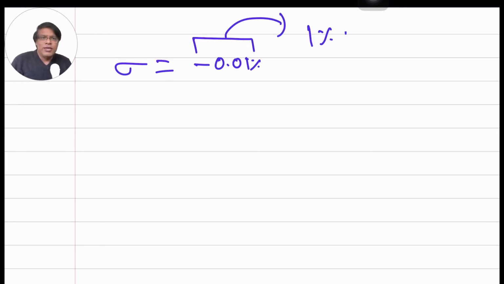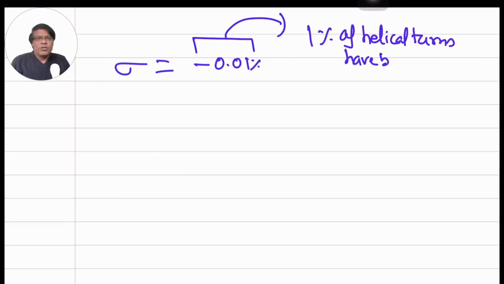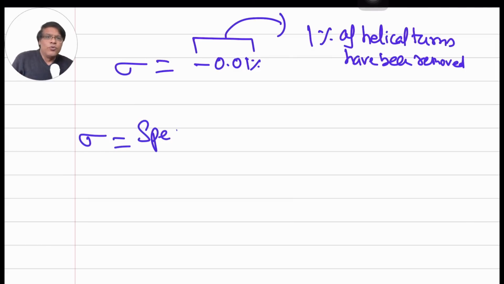Now if you want to calculate another term, that is sigma, the superhelical density. Minus 2 divided by 200 comes out to minus 0.01, that is minus 1%. What does it mean? It means 1% of helical turns have been removed from the DNA.